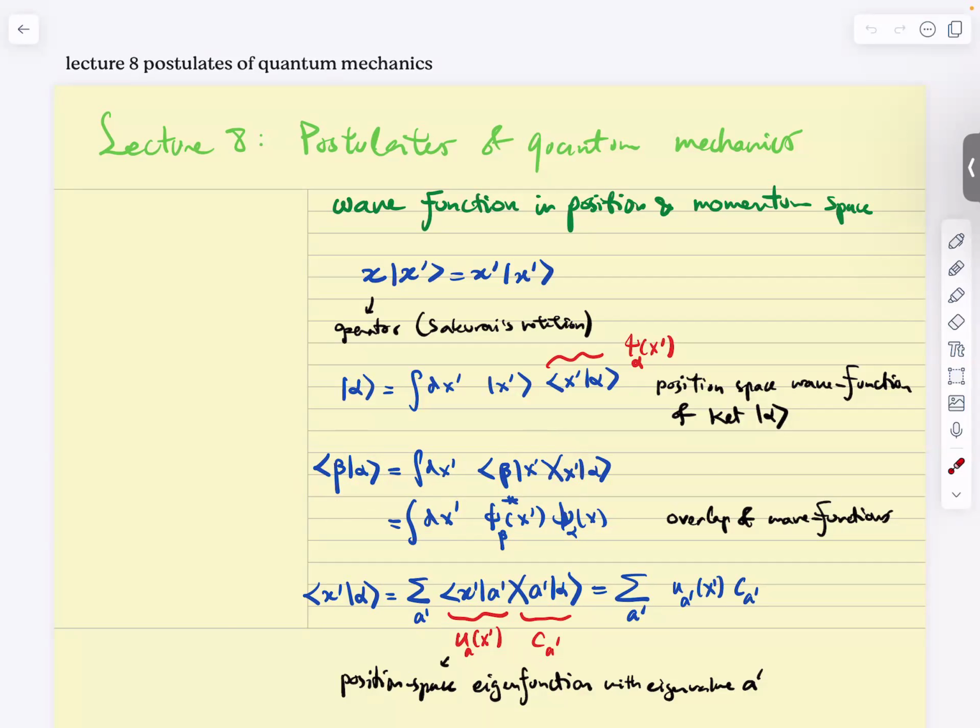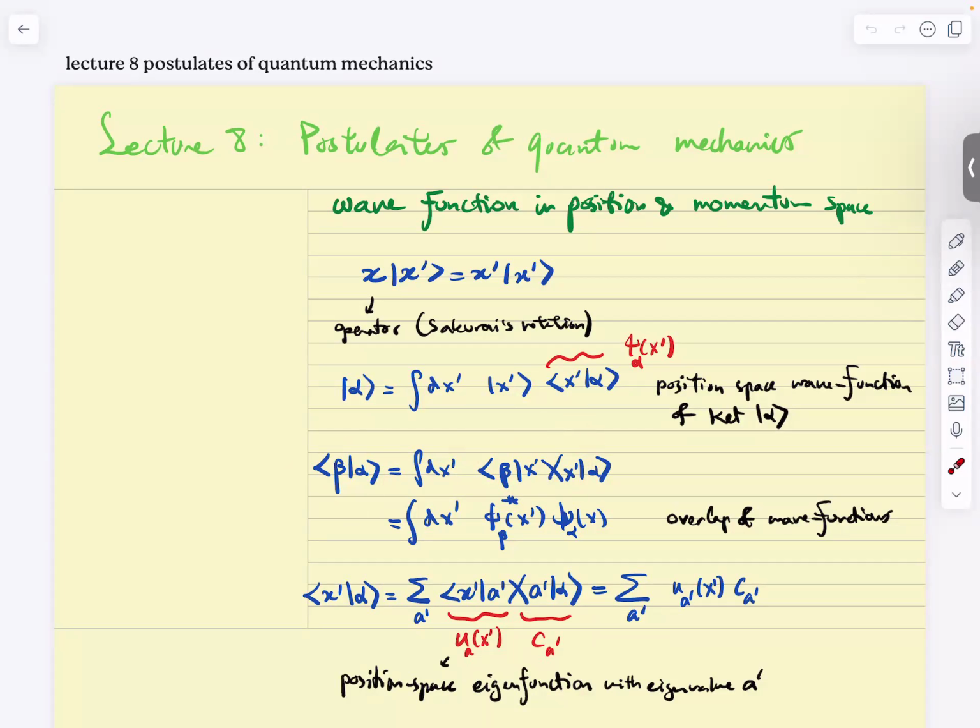So when you talked about the overlap of wave functions, you just multiply psi 1 with psi 2 star and integrate it over the space, right? That's just nothing but inserting this resolution of identity inside this bracket to rewrite this bracket. Good? Is that clear? All right.